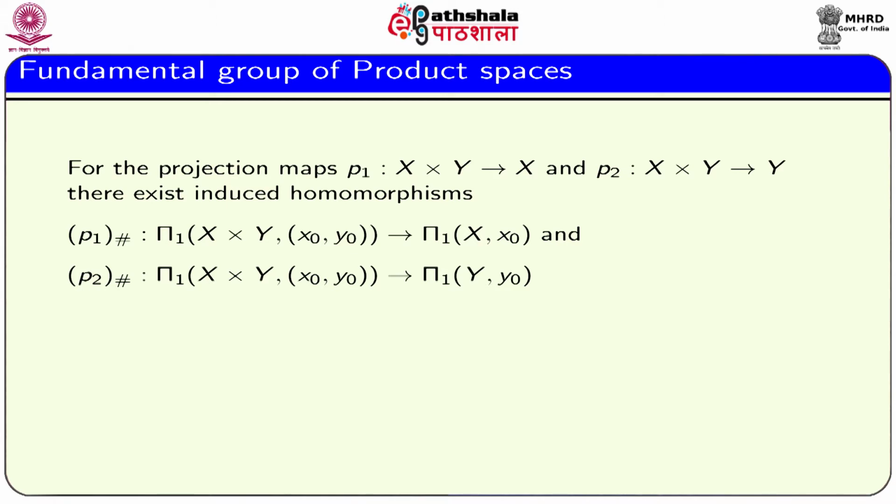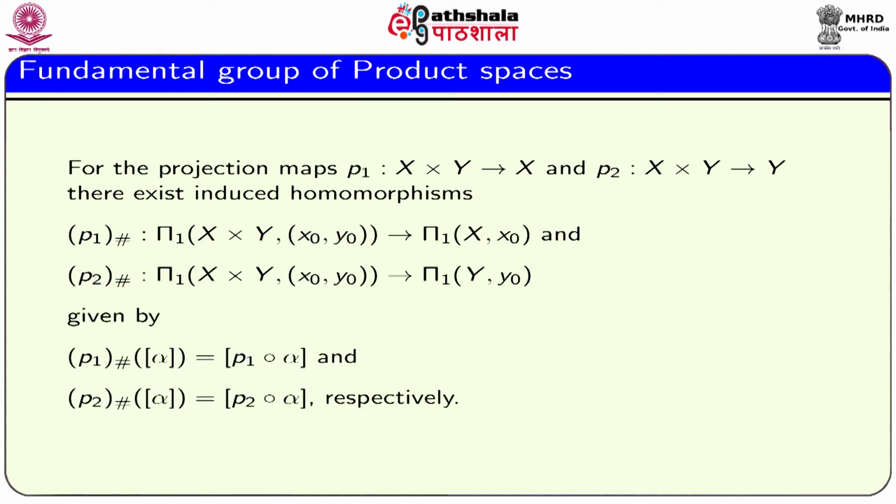For the projection maps p1 and p2, there exist induced homomorphisms p1 sharp and p2 sharp between the corresponding fundamental groups. These induced homomorphisms are given by p1 sharp of [α] equal to [p1 ∘ α] and p2 sharp of [α] equal to [p2 ∘ α].